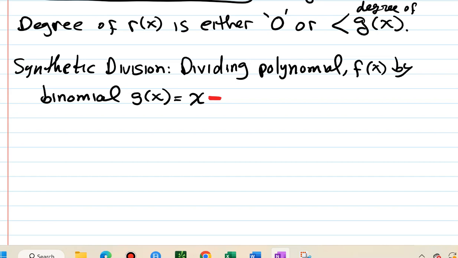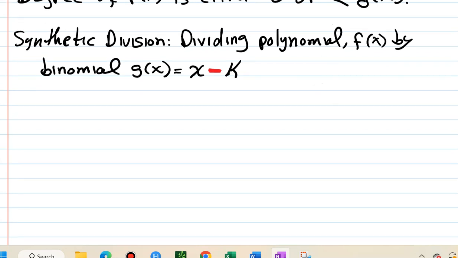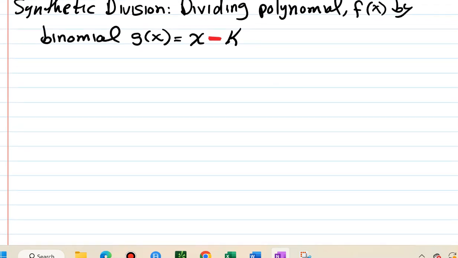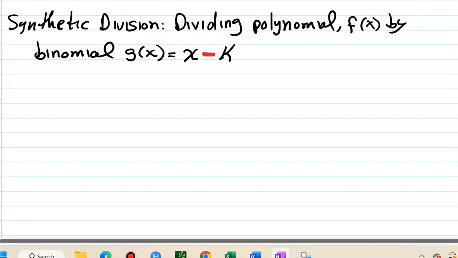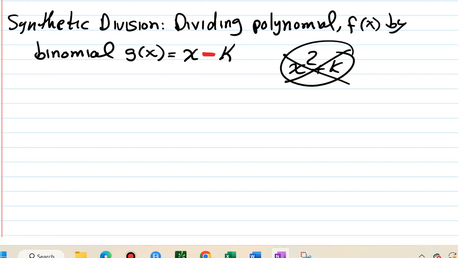x minus k. Some go x minus c. It doesn't matter as long as it's a constant. Call it k. So that's all it is. It has to be divided by a binomial like that. It cannot be like x squared plus k. We're not looking at this kind of binomial. It has to be a linear function exactly in this form. So how is this going to work?